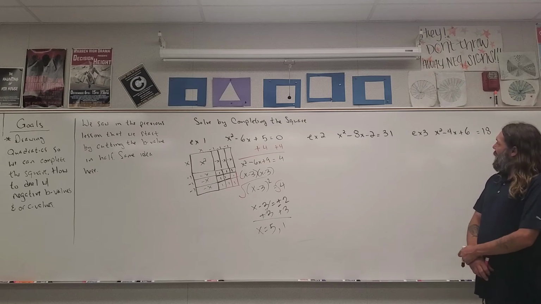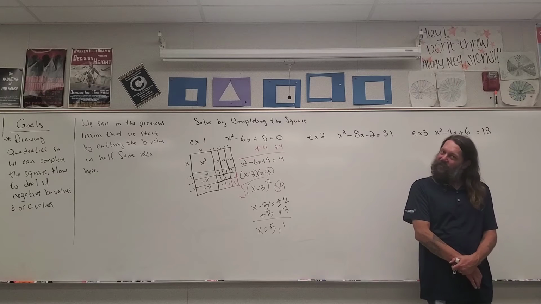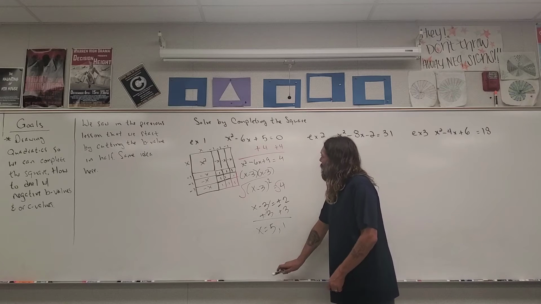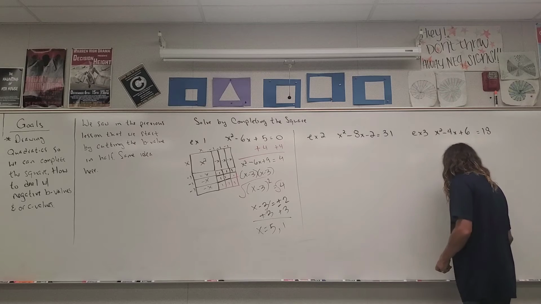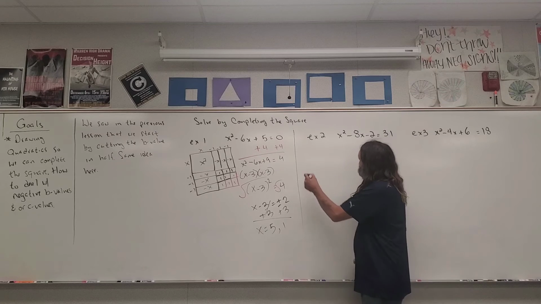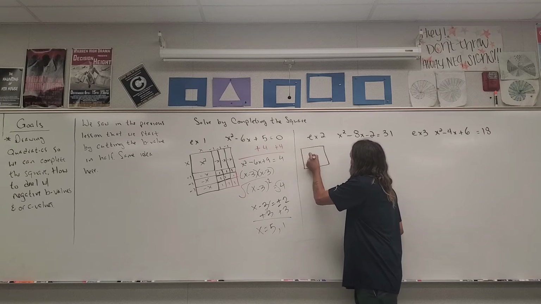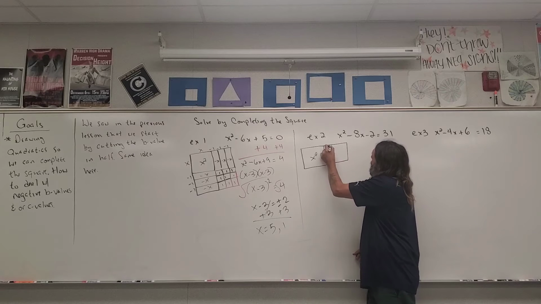X squared minus 8x minus 2. Now, I am intentionally keeping the b value small because I don't want to spend all this time drawing, but the idea works for larger values. Let me mark that off, give myself some space, and start to draw this. There's my x squared, minus 4x's. It's not going to be very straight.